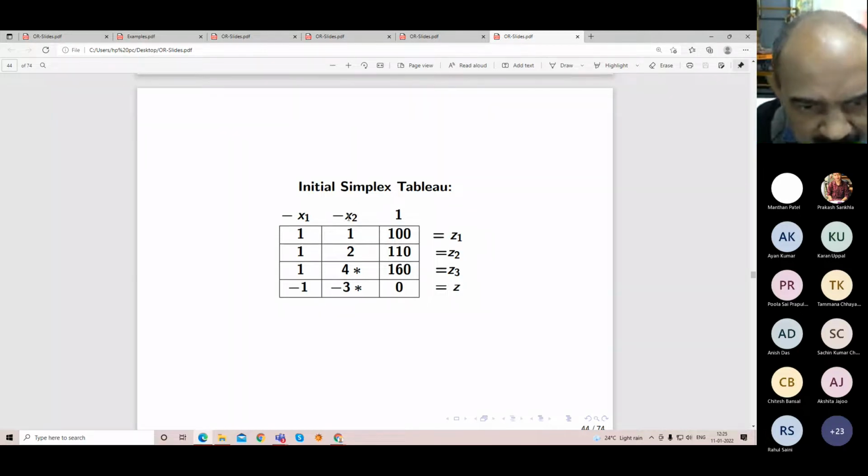There is no space for the basic variables in the columns. However, in the rows, there are basic variables Z1, Z2, Z3.